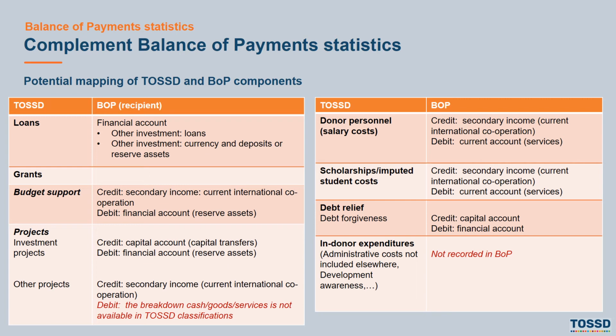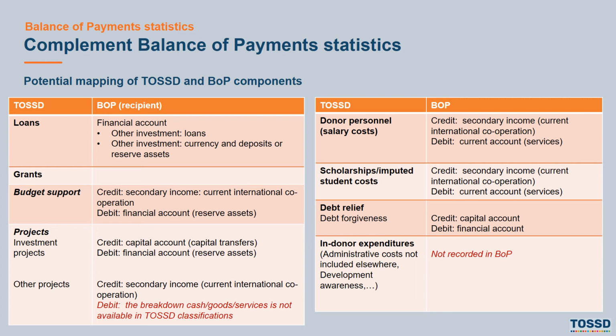Here we have some potential mapping between TOSSD and balance of payments components. We have loans in TOSSD and financial accounts, other investment loans in balance of payments. We have grants in both systems. We have project investment, which in balance of payments are capital accounts, capital transfer and reserve assets. We also have donor personnel salary cost in TOSSD, recorded as secondary income in the current account of balance of payments.